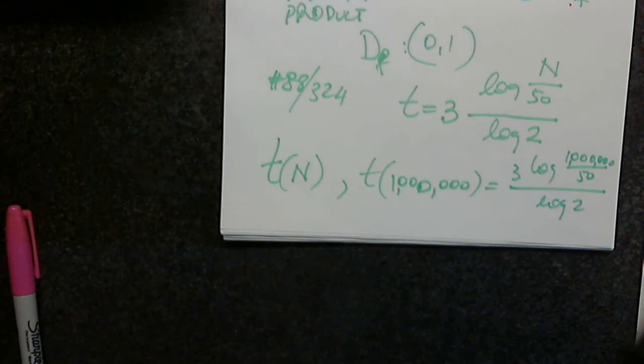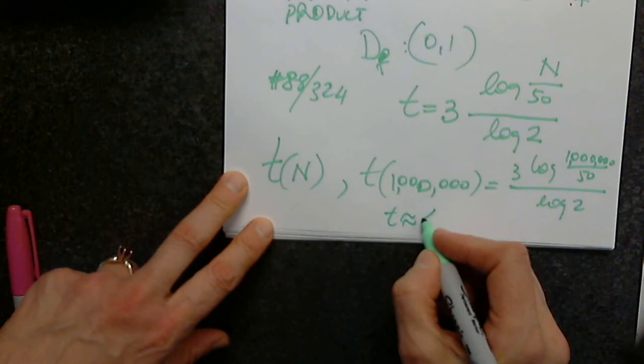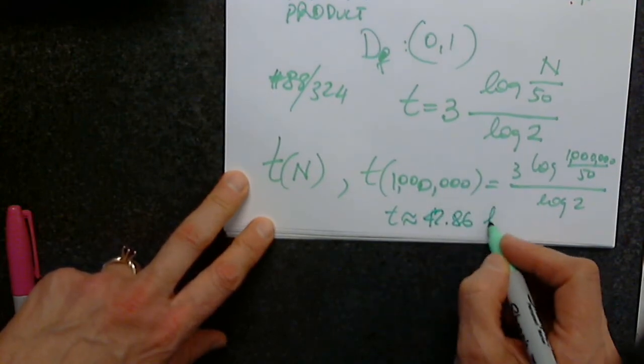We have 3 outside. We have log, and in parentheses 1,000,000 divided by 50. Close the parenthesis. And divide by log 2. Close the parenthesis. And press enter. T in the problem is given in hours. So T is approximately 42.86 hours.